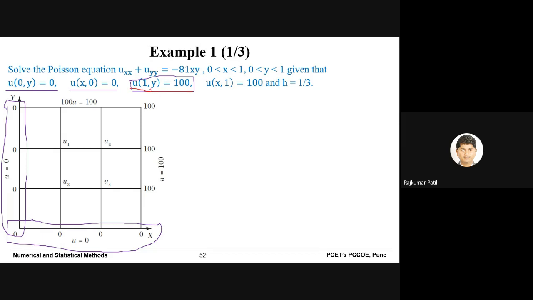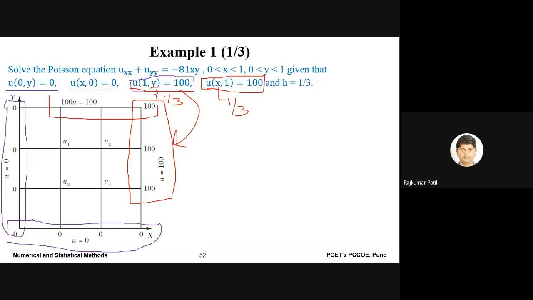Here we are not taking the starting value of y as 0. We take the starting value of y as 1 by 3. So that's why you can see we need to assign these 3 values by using equation number 3. Similarly, with equation number 4, we take the starting value as 1 by 3, and therefore you can see we assign values to these 3 points only.